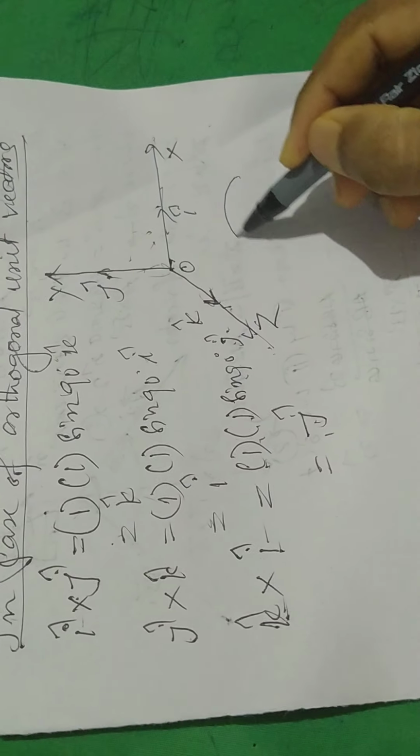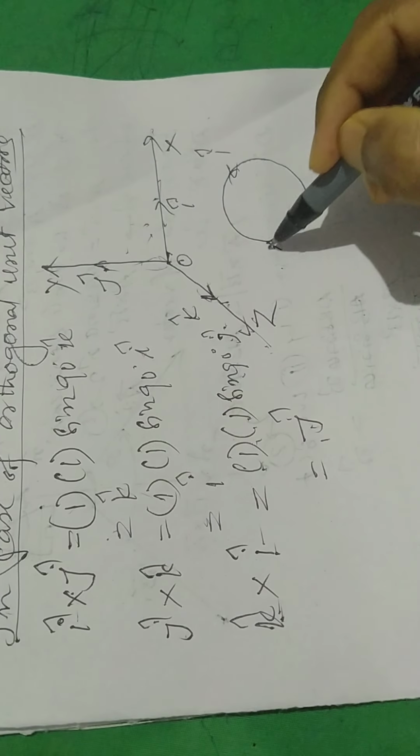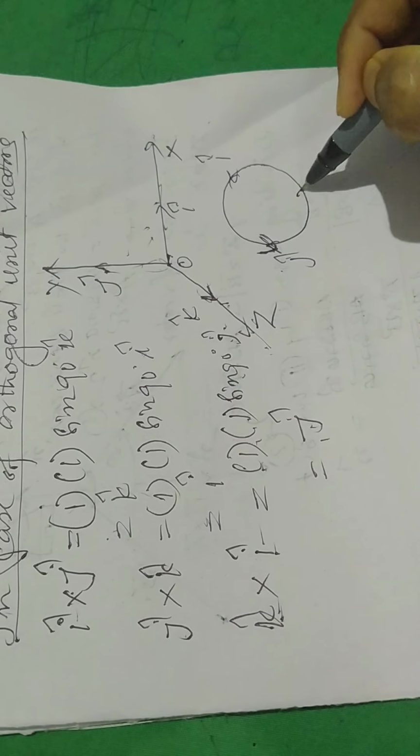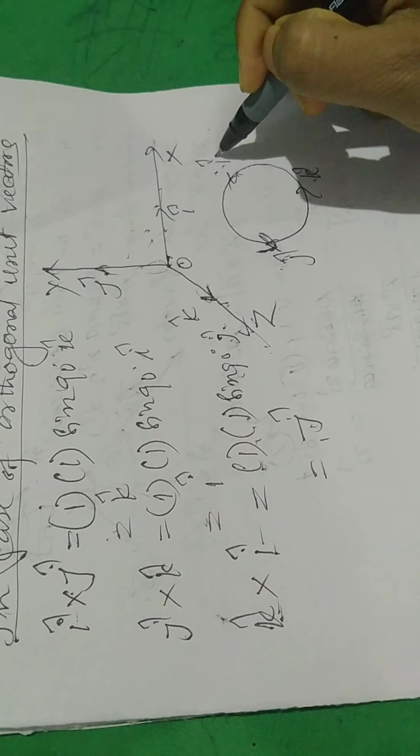So it's just like i, j, k: i to j, j to k, k to i.